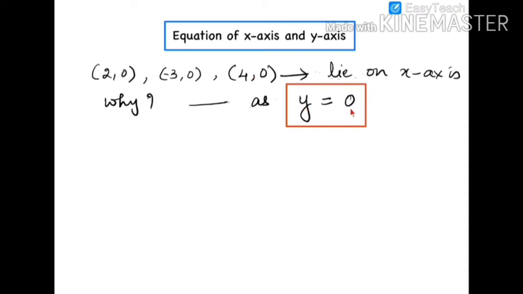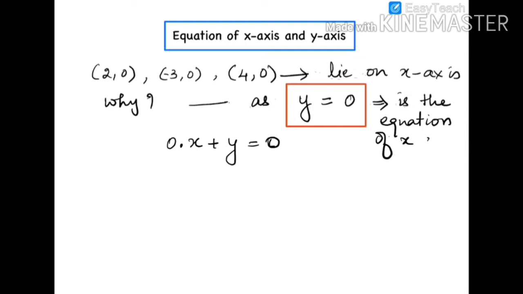We can write y equal to 0 as an equation in two variables as 0 times x plus y equal to 0. Now if I substitute any of these points in this equation, we will always get y equal to 0. This implies that y equal to 0 is the equation of the x-axis.